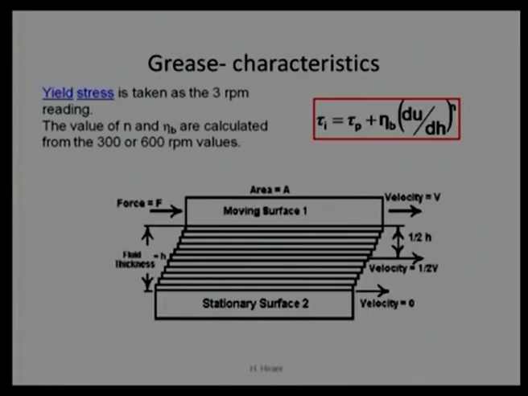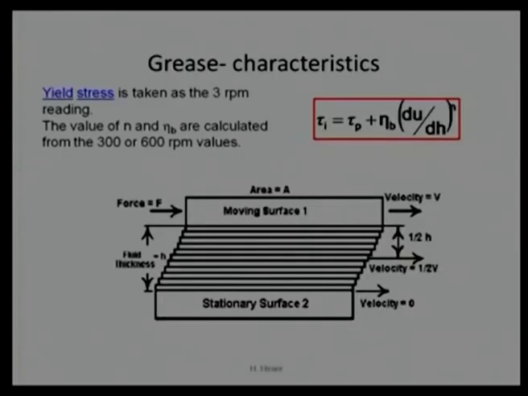Once we know the yield stress at the other 2 readings, we can substitute tau p, which we determined at 3 rpm, and the velocity gradient, and obtain results. Based on that, we can find what eta b and n will be. So, overall, grease can be characterized by operating it in a rheometer at 3 rpm, 300 rpm and 600 rpm.